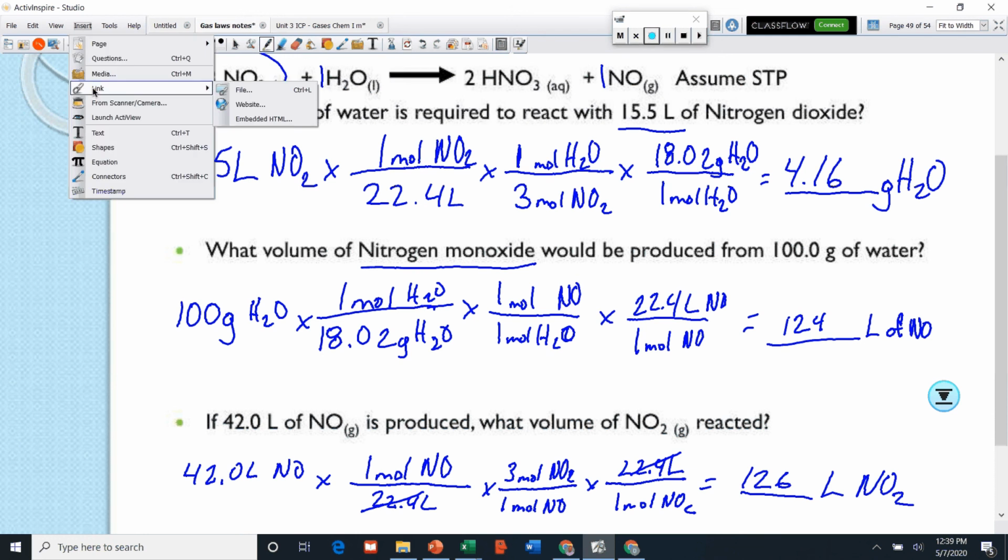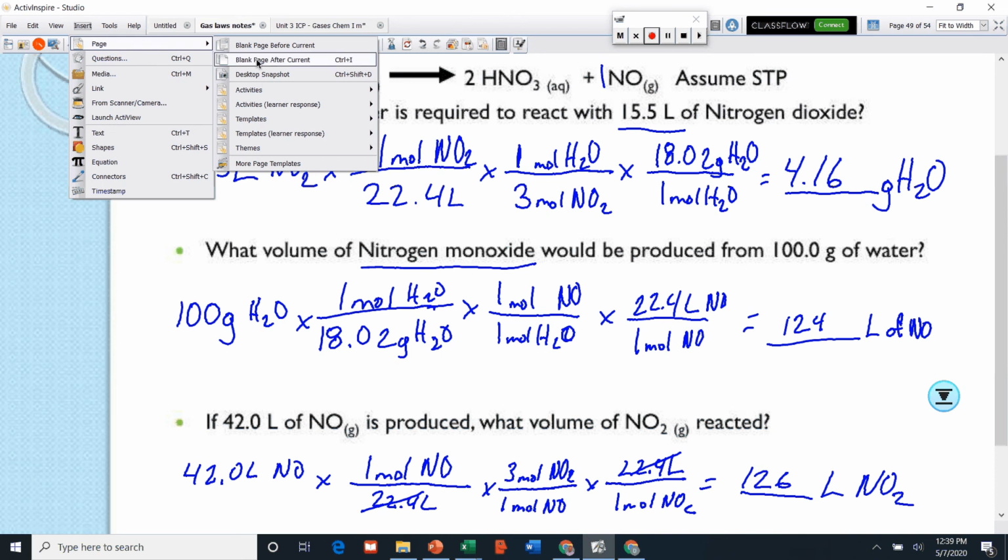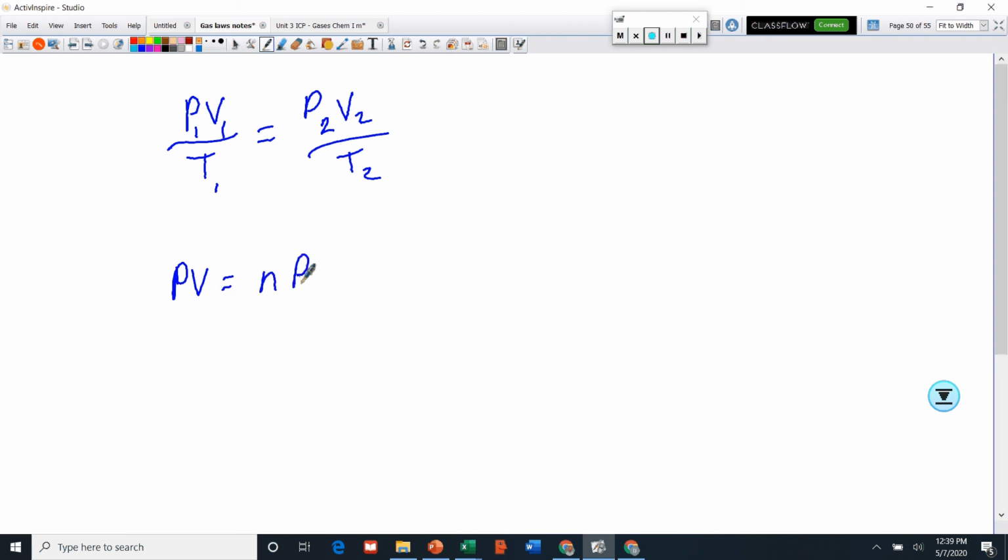So remember, you have the combined gas law, we have the ideal gas law, we have Avogadro's, which is V1 over N1 equals V2 over N2, or it could actually be pressure 1 over N1 equals pressure 2 over N2.